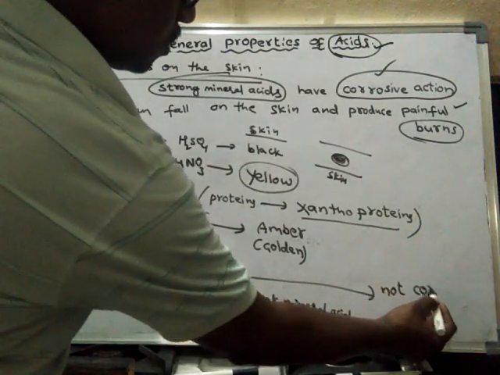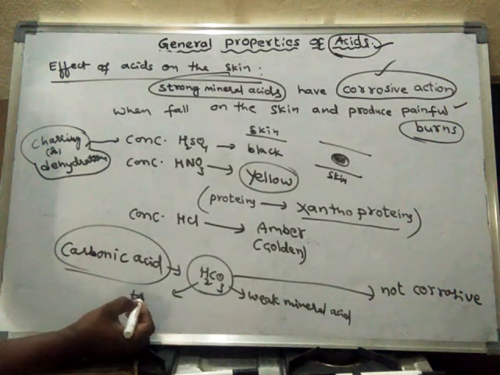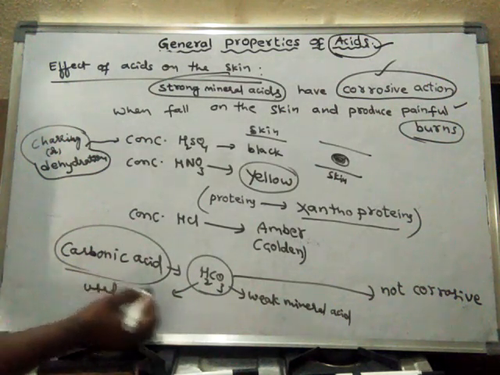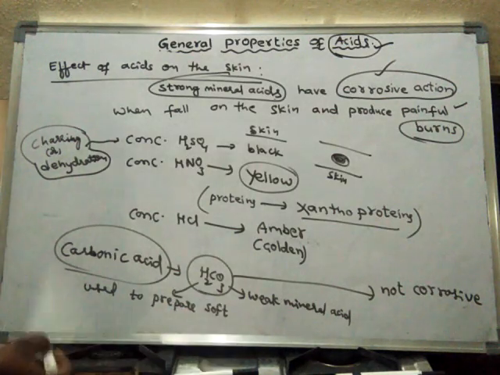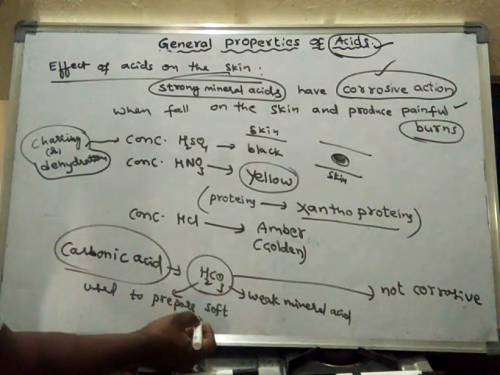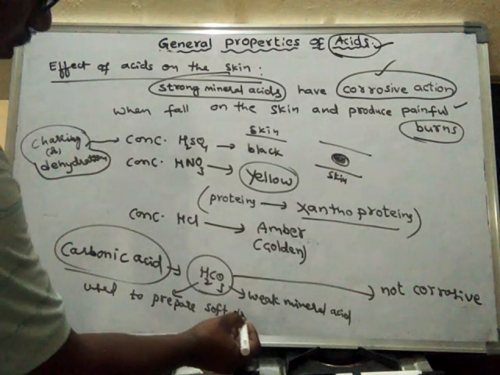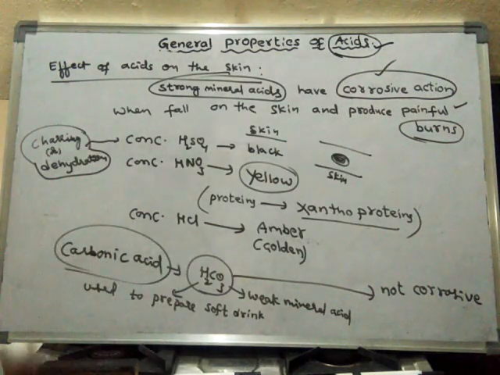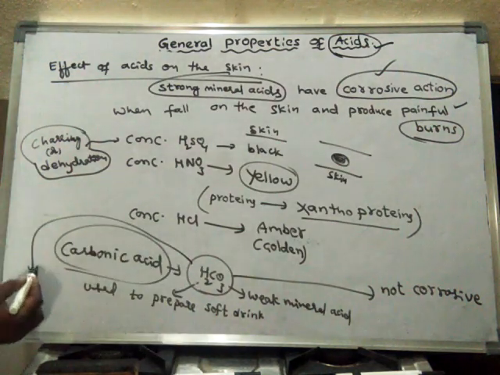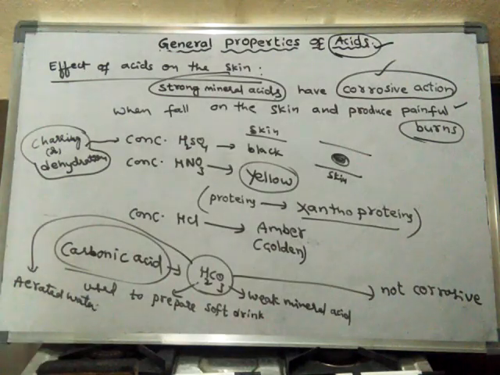It is used to prepare soft drinks like Thums Up, Coca-Cola, Sprite, etc. In the preparation of soft drinks we use this carbonic acid. It is also called aerated water.